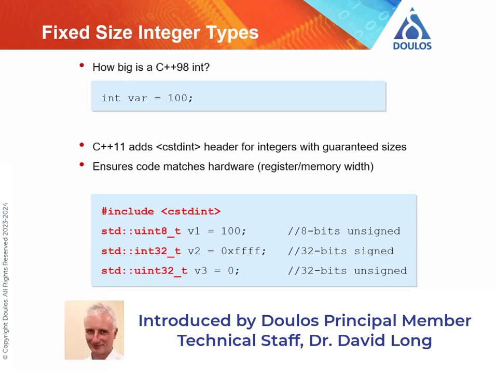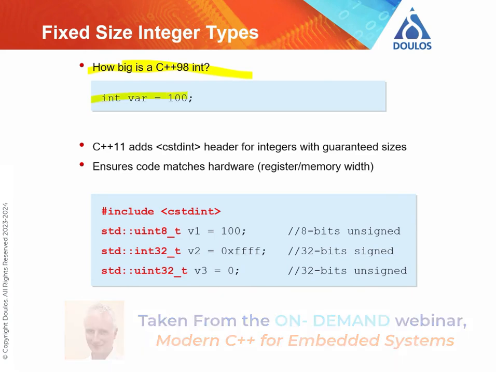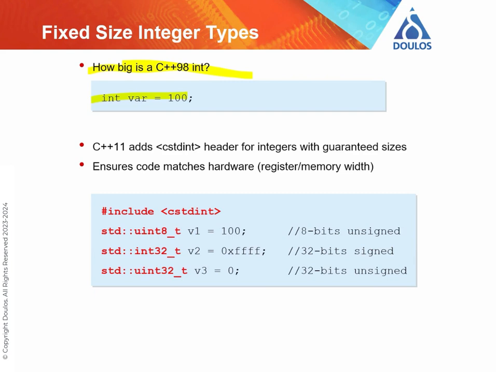So starting off with some types, perhaps the most common type that we find in embedded systems is integer types. C++98 had a problem in the sense that although we could support integers, the actual definition of an integer wasn't properly defined within the standard itself, so its implementation determined how many bits you get in an int.